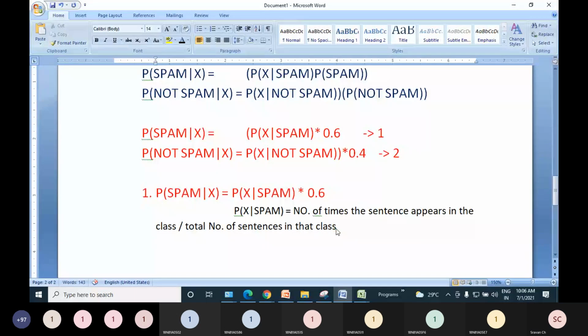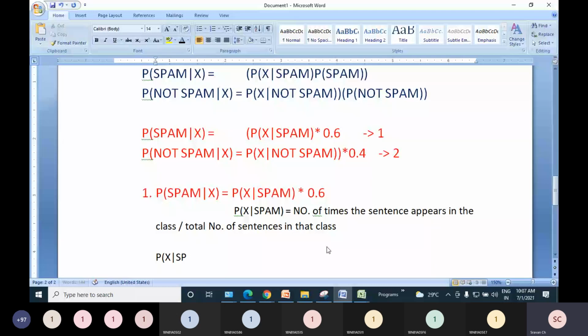But what is a sentence? A sentence is not a single unit. A sentence itself is a collection of words. So friends, what is a sentence? A sentence is a collection of words, right? So the formula will now look like this. P of X given spam, this is what I need to find. Please don't get confused. The P of X given spam we have to calculate.